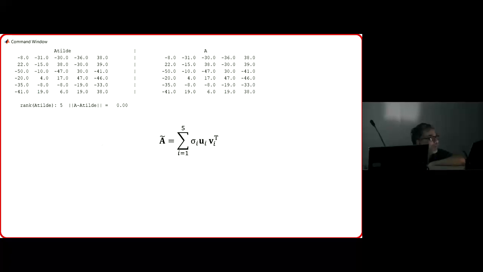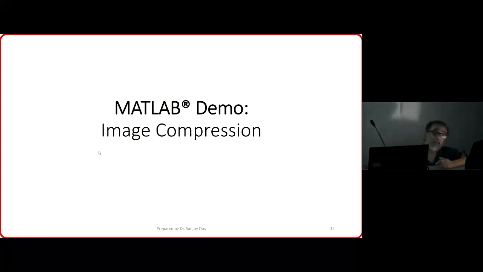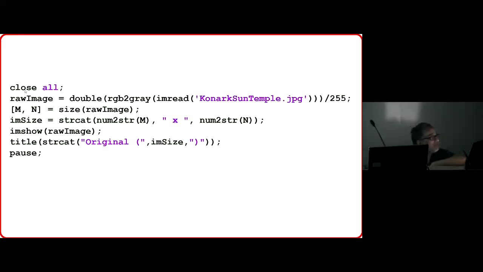Now we can actually apply this technique to image compression. If time permits, I'll explain why the image is being compressed. Okay, so what I'm doing is I'm reading an image. The command for that is imread, for the JPEG image.